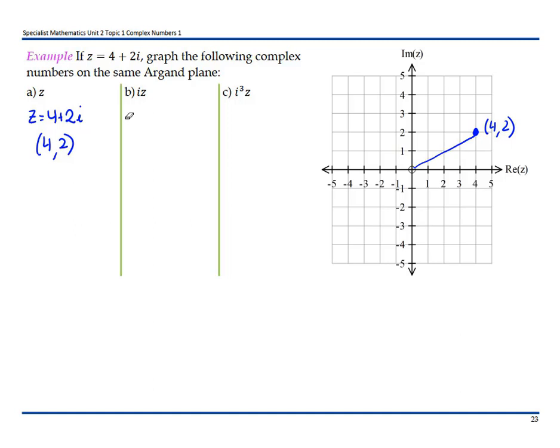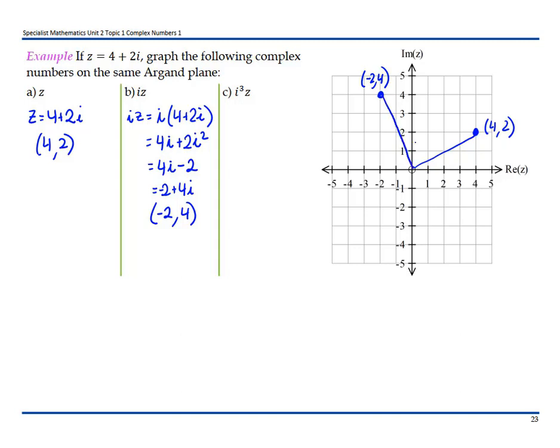Okay, iz is going to be i times 4 plus 2i, which is 4i plus 2i squared, which is 4i minus 2, or -2 plus 4i. So my coordinate is -2, 4. So -2, 4 is there. And you can see that 90-degree angle there.